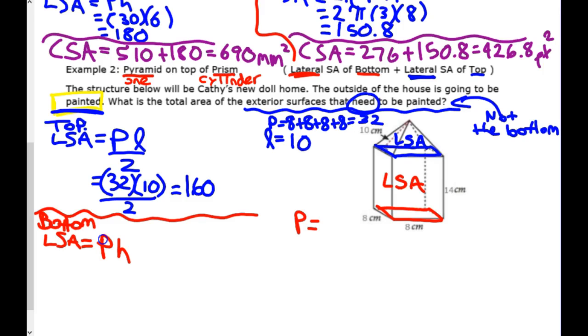Does the bottom have a different perimeter? So the bottom here would still be 8 plus 8 plus 8 plus 8. So we do know it's 32 on the bottom here. What's the height of that bottom prism? 14. So this will be easy, just 32 times 14.